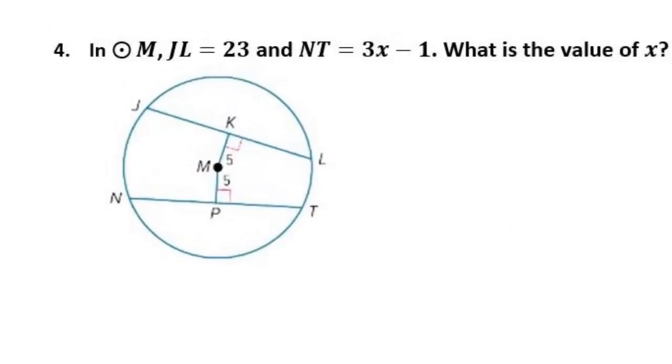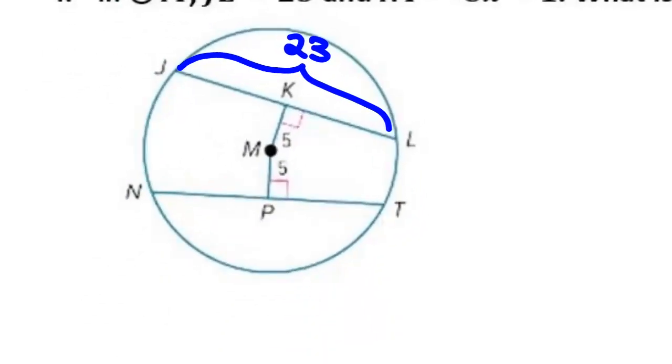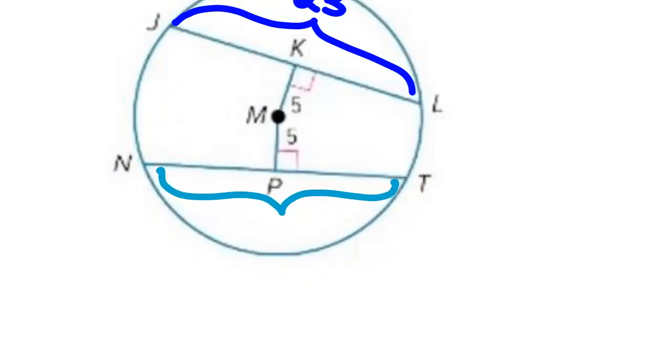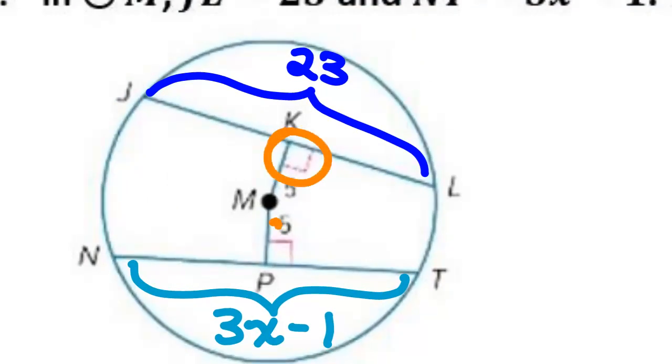All right. In circle M, JL, so from here to here, is 23. And NT, from here to here, is 3x minus 1. What do you notice right here and right here? Yep. We got right angles, and they're both 5.